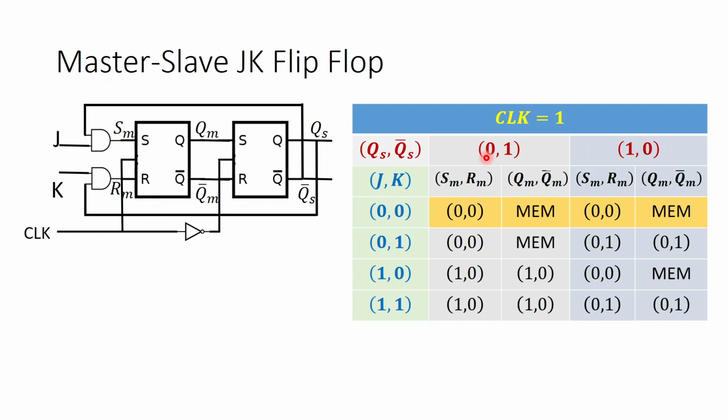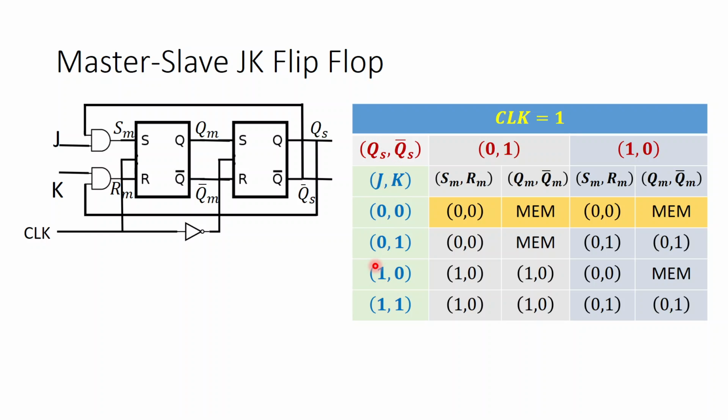So in the occasion that we have supplied JK 0 1 and output QS bar was 0 1, then SMRM is 0 0 and QM bar is memory. That means it is the same 0 1. But if my QS bar was 1 0, then SMRM becomes 0 1, and that changes QM bar to 0 1.